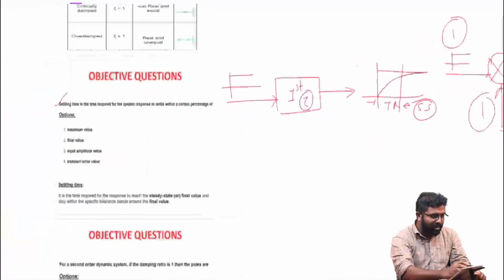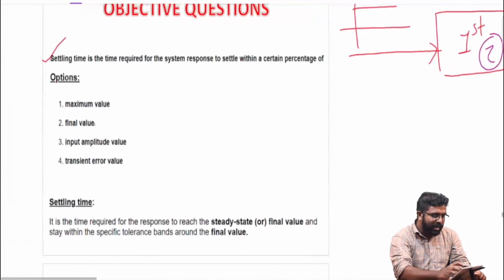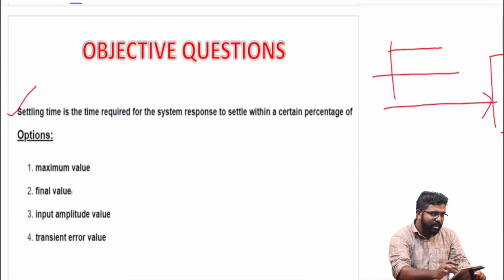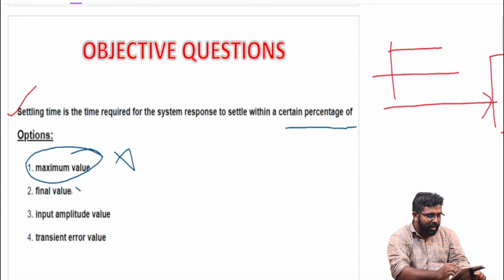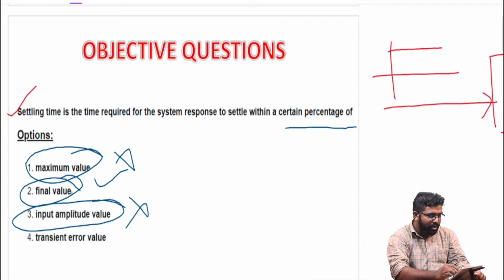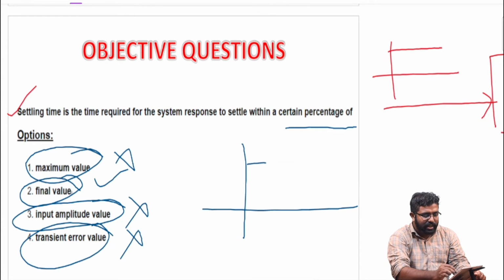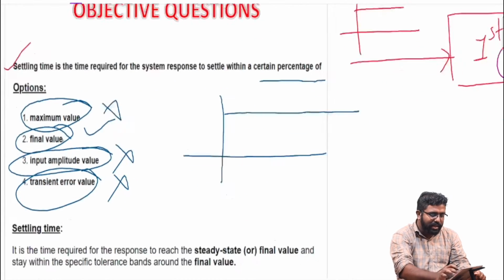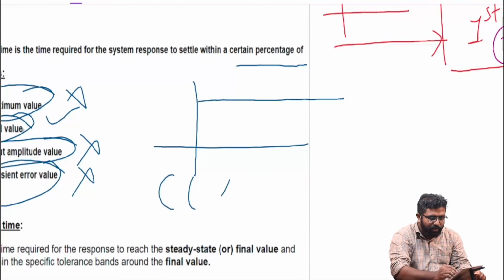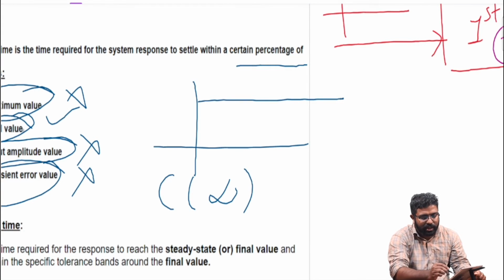So the correct answer for this question: is the settling time defined with a certain percentage of the maximum value? No, it is based on the final value. Is it the input amplitude value? No, that is a transient value. The correct answer is the final value, that is C of infinity, which should reach my desired input value.